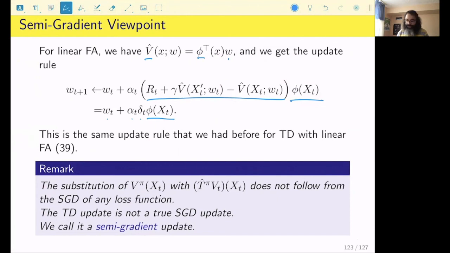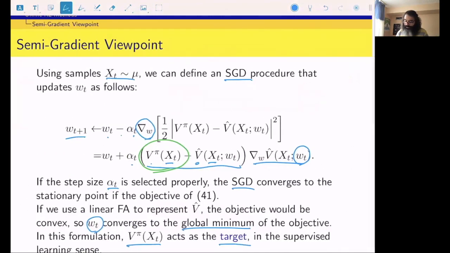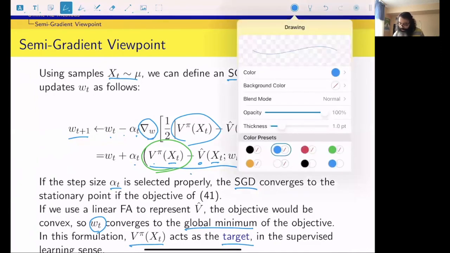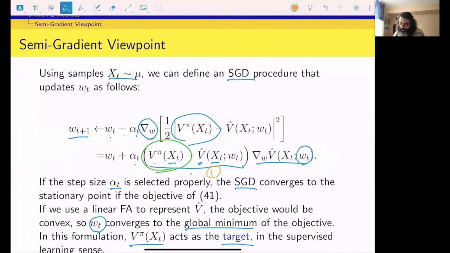Because the loss function that we started with was this one, which had a V pi. And then we took the gradient of it, and we got to this, say, term 1 and term 2. And only then we replaced V pi here with our bootstrapped estimate.